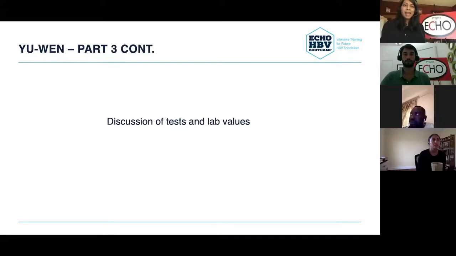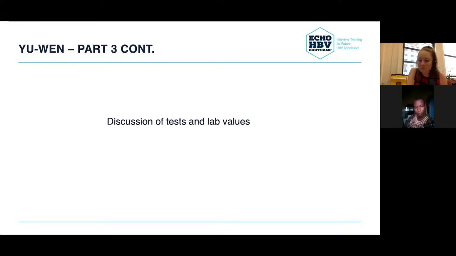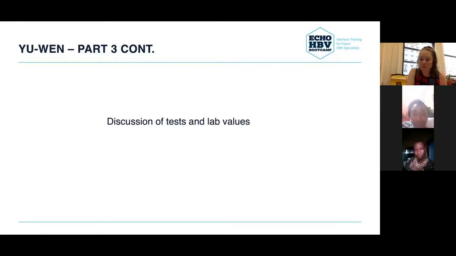Great. And so let's talk through the scenario a little further. So let's say you start off with those 3 tests, and we can open it up to everybody. Let's say the surface antigen and the core antibody both come back positive. What are folks going to want to do next?